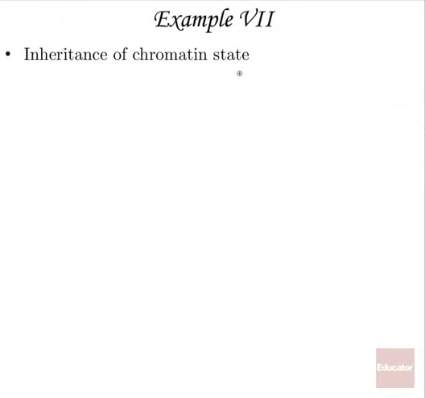We've talked about the inheritance of the chromatin state. Histone acetyltransferases can bind acetylated tails using their bromodomain and therefore spread the acetylation, which would decrease the condensation of the heterochromatin, making it more euchromatic and therefore transcriptionally active.